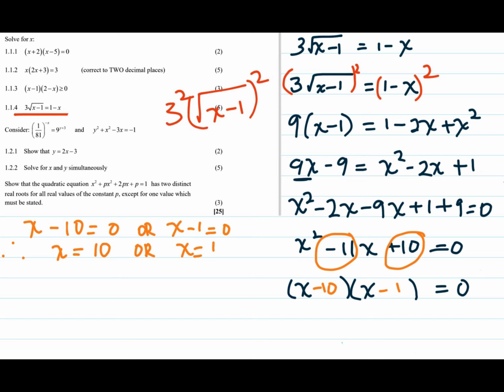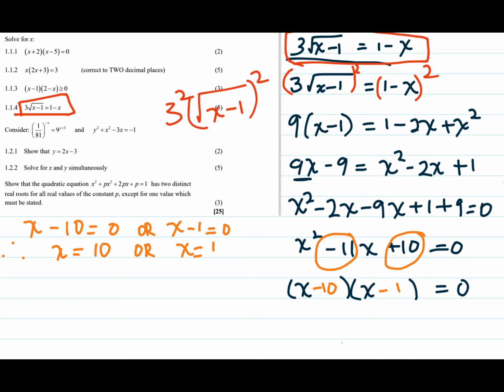So the next thing to do is just to check the 2 solutions that you got, 10 and 1. So you put them back into the original equation in the question. You put 10 in, and then you see if you get a solution, you put 1 in. So let's start with 10.